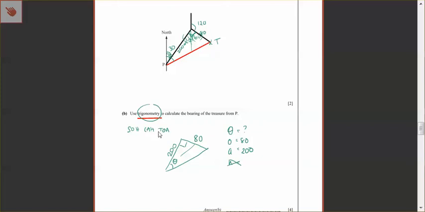So, actually, I'm using tan. So tan theta is opposite over adjacent, so that's 80 over 200. So then theta is tan to the minus 1 of 80 over 200.